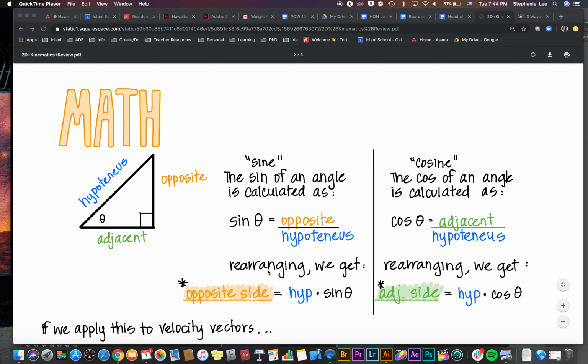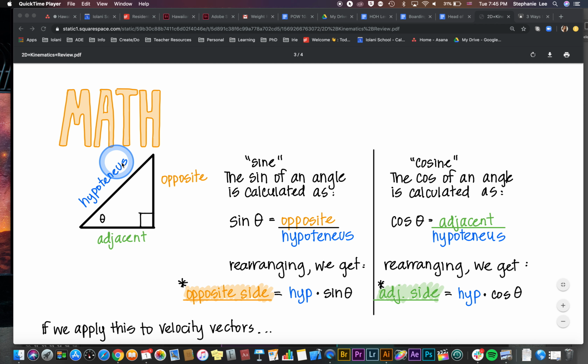We had a brief discussion about right triangle trigonometry, and please don't be intimidated by the word trig if you haven't taken the class, because all of you have seen this in geometry. So we said that for a right triangle, there are three sides, or three lengths: the hypotenuse, the opposite side, and the adjacent side.